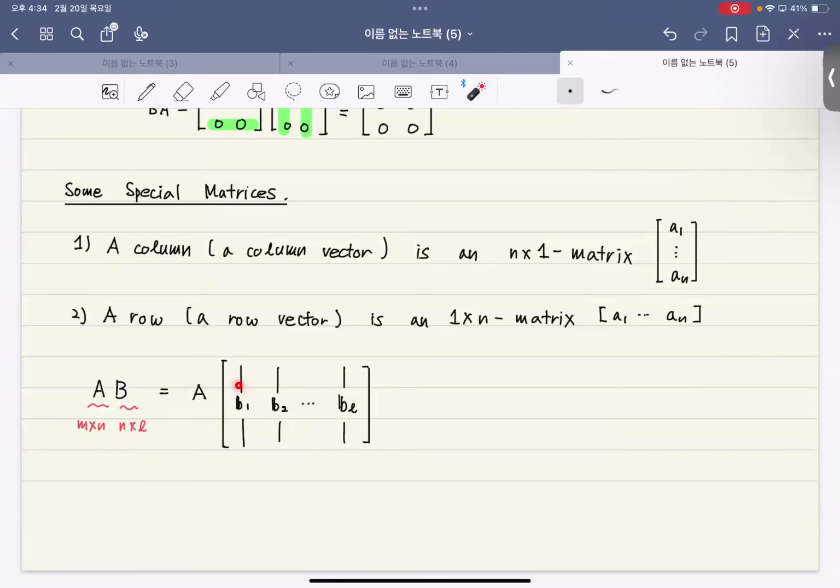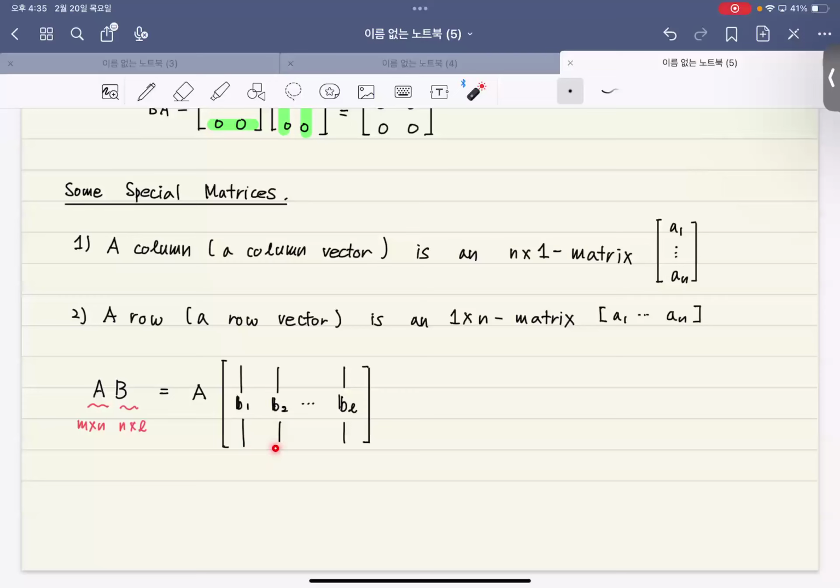I draw these vertical lines to emphasize that each is a column vector. Each consists of n entries: the first column vector contains B11, B21, B31, all the way up to Bn1.